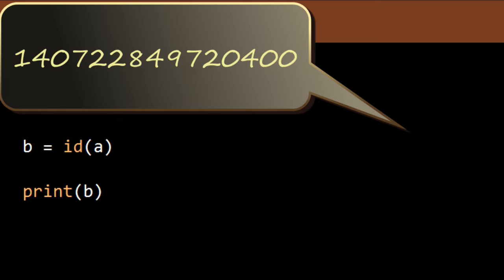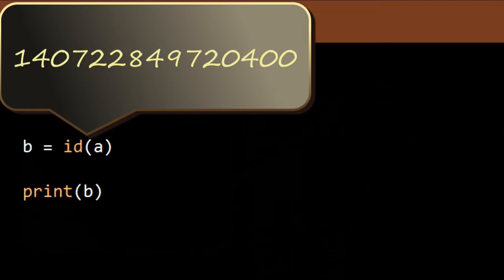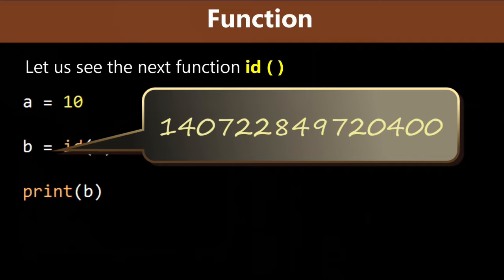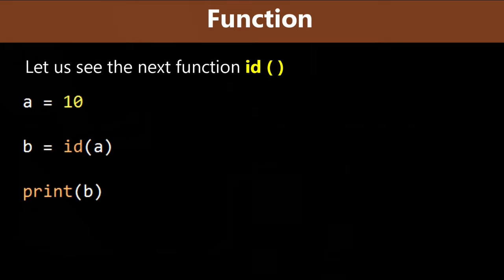Then we again come to our own code and to the b we assign this value. So here this long code we represent by a simple word id, and we are passing value 10 to it and come with the new value, that is the memory address.